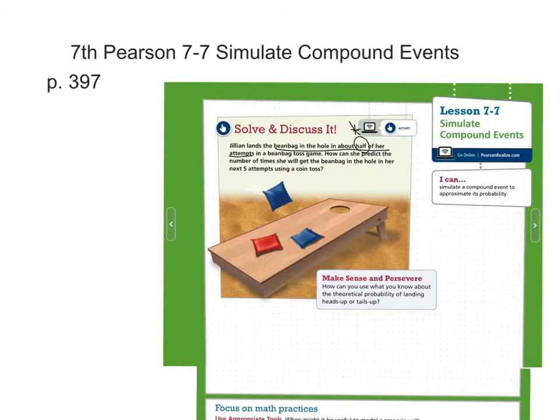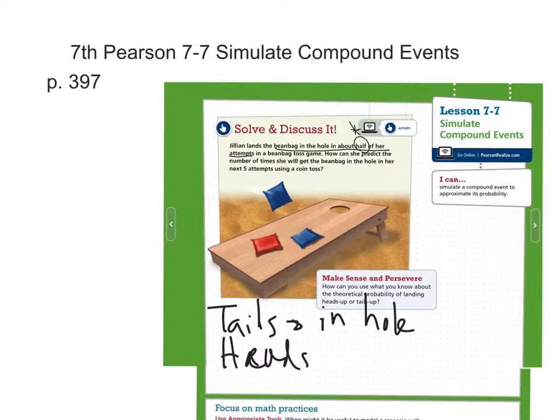So we could just label these one way or another, whichever we want. Maybe if it's tails, then it's in the hole, and if it's heads, then it's not in the hole.